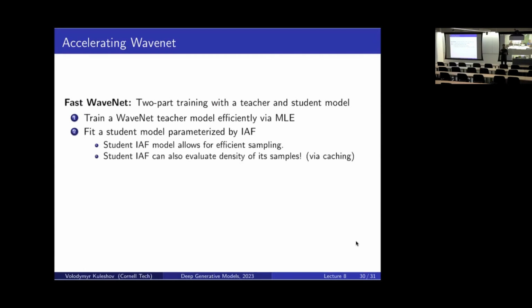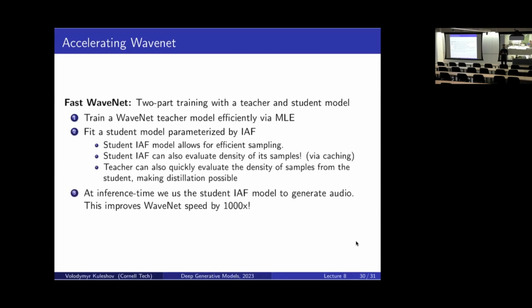And we can also evaluate the density of its own samples, which was that little observation that I made on the previous slide. Because we can cache this: when we generate X from Z, we can cache Z, and therefore we can evaluate it. And of course, the teacher can also evaluate the density of the samples of S. So now all three criteria hold, and we can apply this distillation idea.